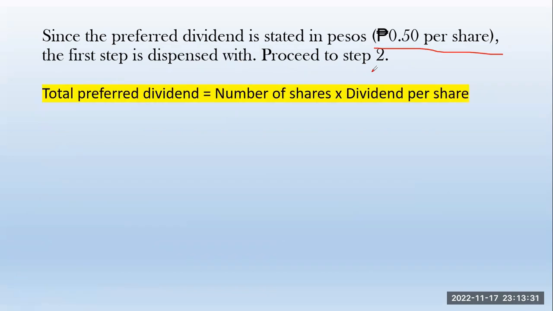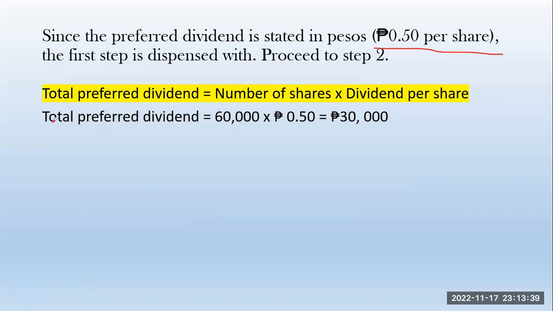Now, the total preferred dividend is equal to the number of shares times dividend per share. Okay, so the total preferred dividend, ang number of shares is 60,000. And then, times the dividend per share given, 0.50 pesos. Okay, so 60,000 times 0.50 pesos, that is equal to 30,000.